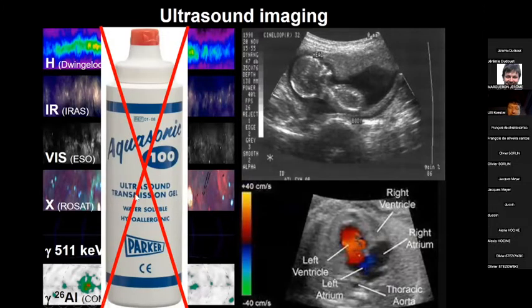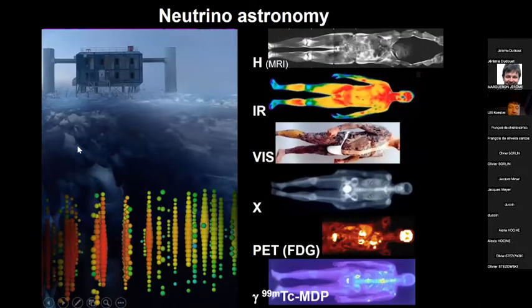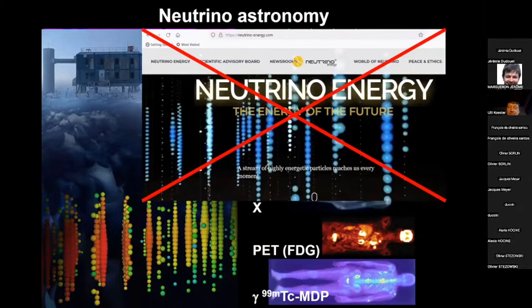It would be very expensive to fill all the empty space with the ultrasound transmission gel. On the other hand, recently astronomy used neutrinos as messengers, and this clearly does not have an equivalence in medicine. So if your doctor tries to prescribe you a neutrino scan, be doubtful. And if your financial advisor tries to make you invest into this neutrino energy company, which is trying to sell a kind of solar panels which should absorb neutrinos and solve the energy crisis, be twice doubtful.